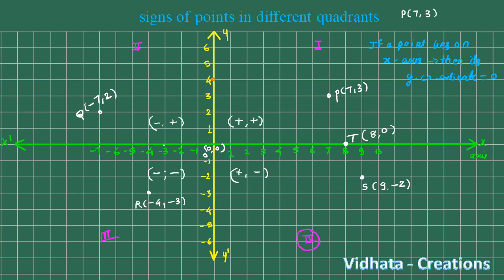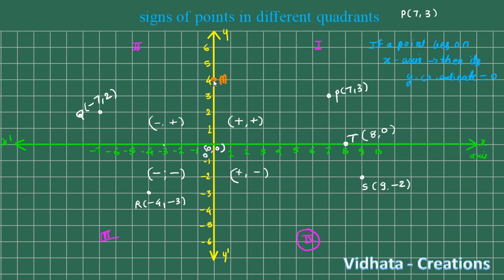And what can you say about the point if it lies on the y-axis? Let us see the point that lies over here. How can you tell the coordinates of the point? Suppose this point is M. Then how will you find the coordinates of point M?